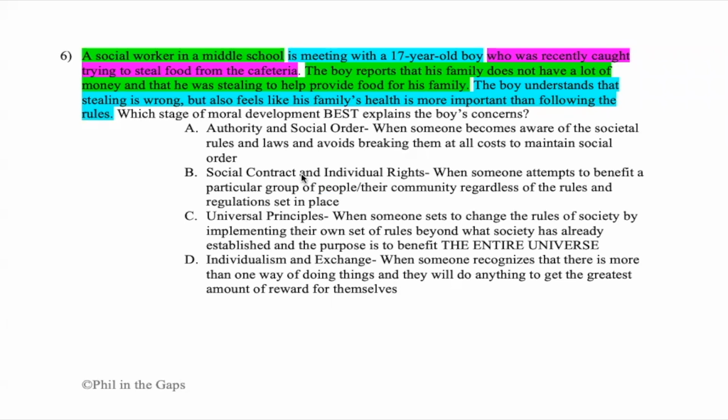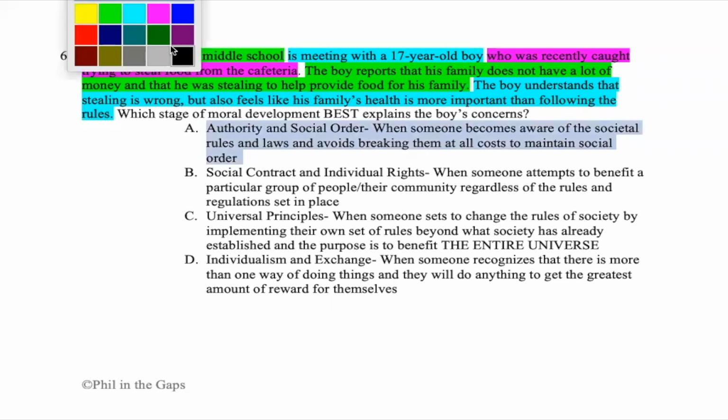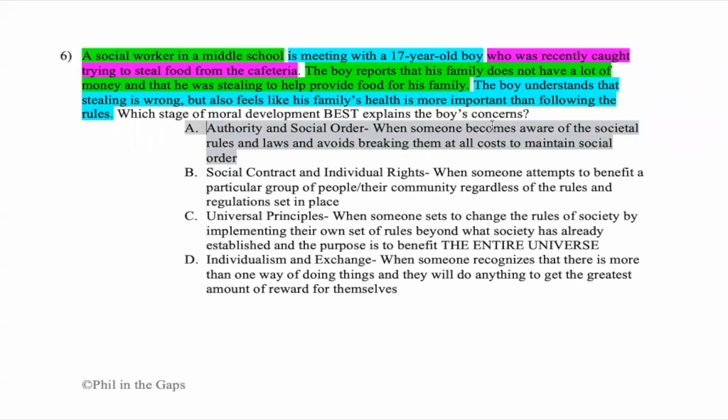Right off the bat, we're going to rule out A. Why? Because in the question, he states that he knows stealing is wrong. He acknowledges that, and he's like, you know what, I'm going to make sure that my family's health is taken care of. Stealing is wrong, but my family's health is more important. So his focus is on his family's health, not on the rules and laws within society.